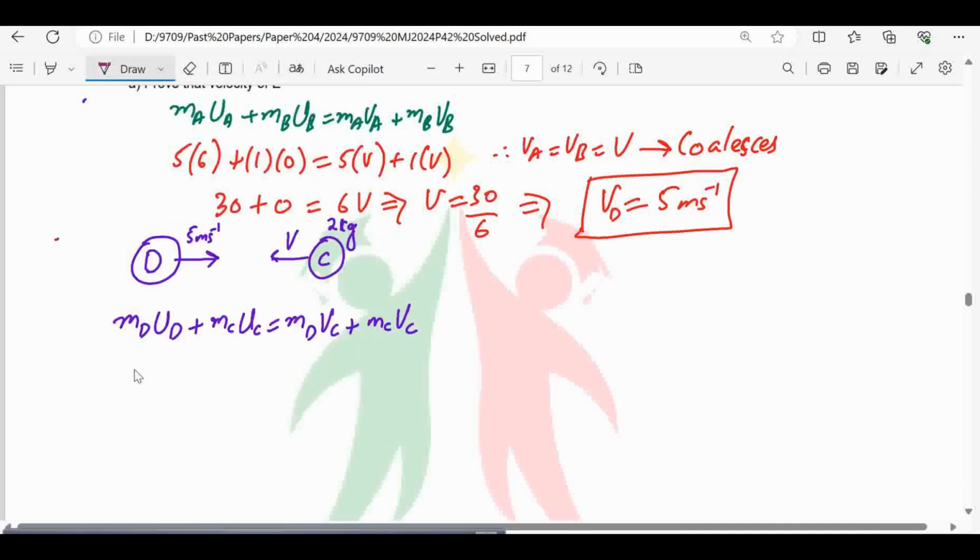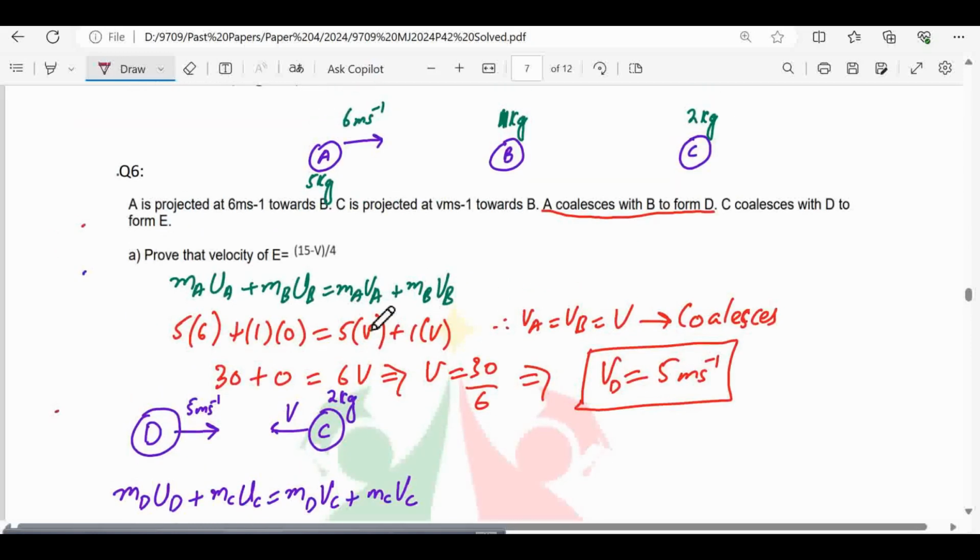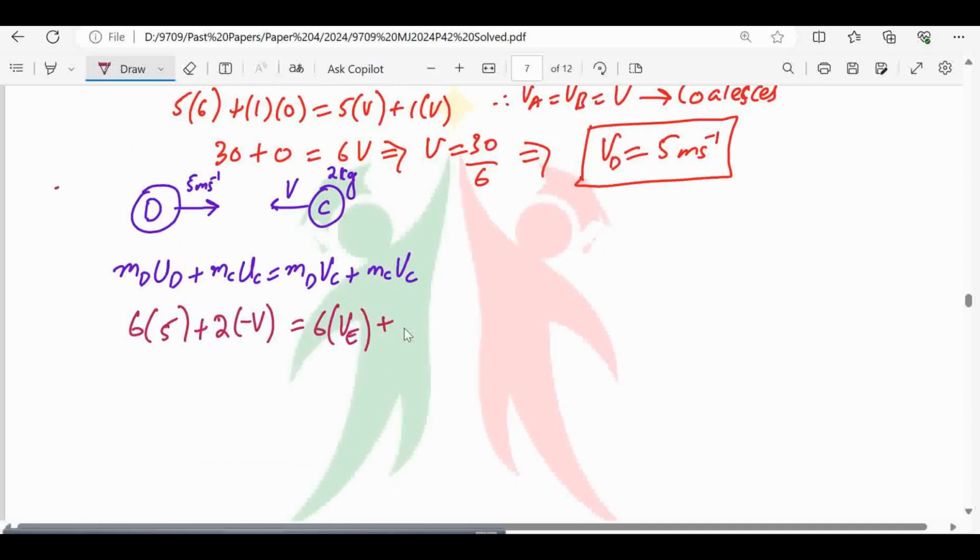The mass of D will be 6 because it coalesces, so 6 into 5 plus, as C is going towards the left side, this will be minus, the mass is 2 and it will be V. After the collision the mass will remain the same, 6, and this will be VE, because after the collision of D and C they coalesce again and form E. So that is why this will be VE, and MC is 2 here, so 2 VE.